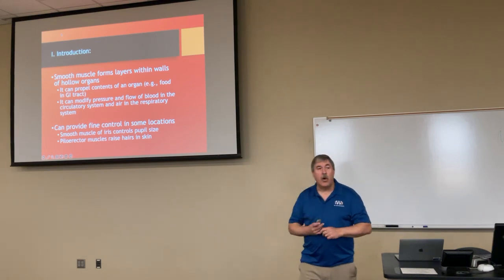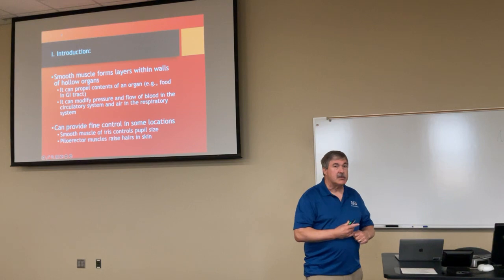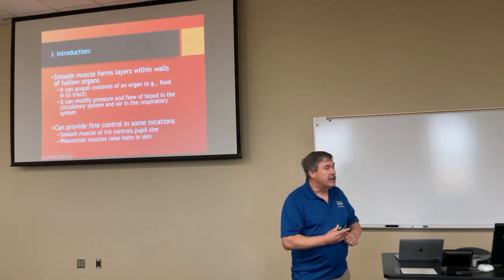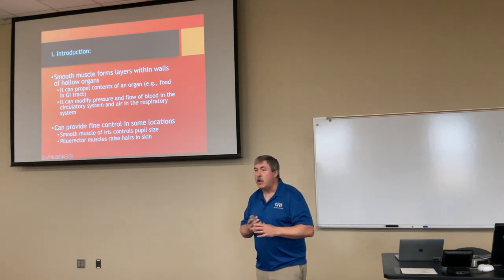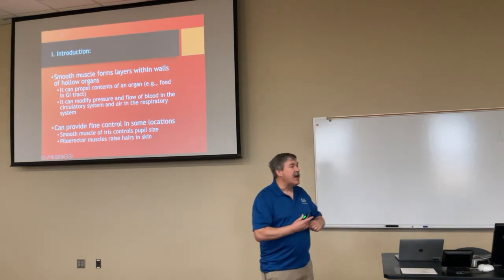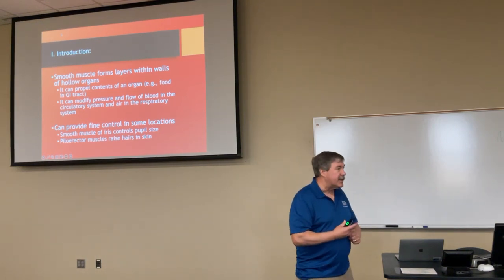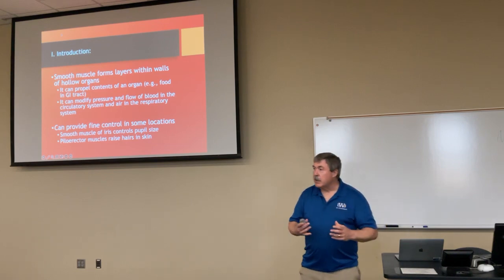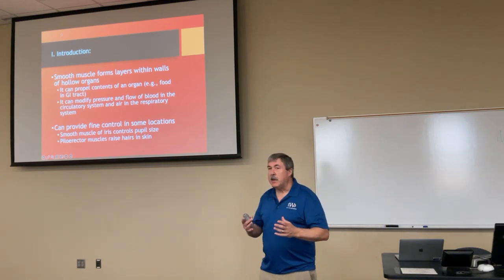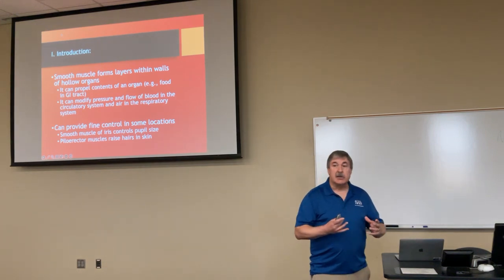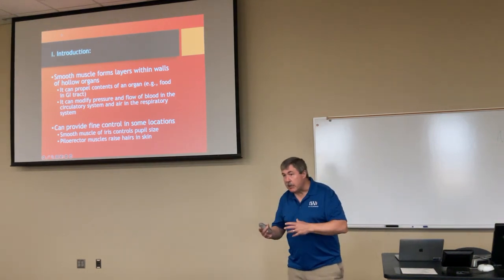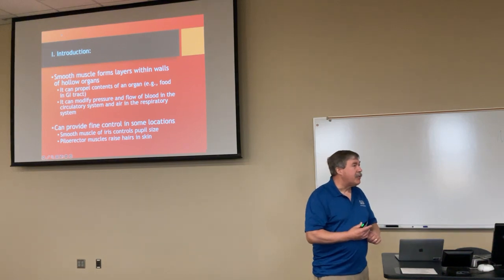It's also found in the walls of blood vessels, and by contracting those smooth muscles in the walls of blood vessels, it can change the diameter of blood vessels, thereby changing the resistance to flow. And that plays an important role, as we'll see next semester, in the regulation of blood pressure.